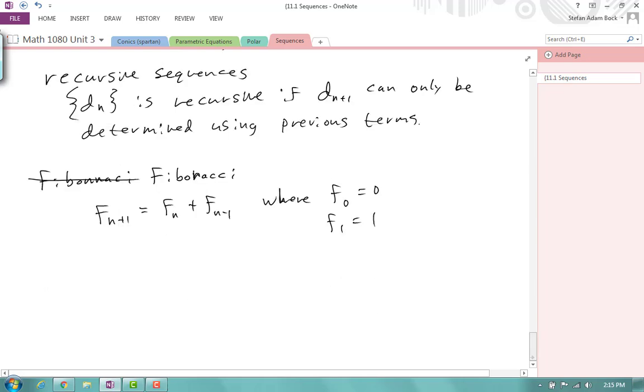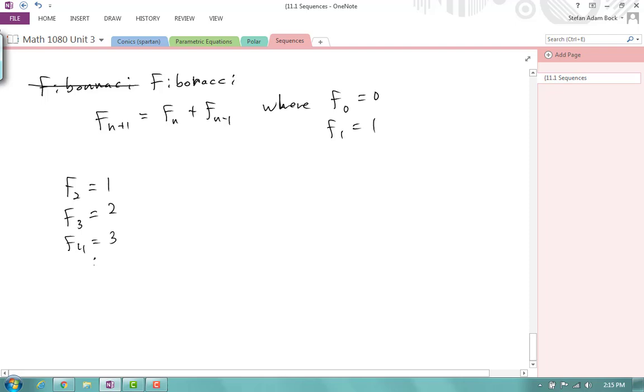How does this sequence work? If I want f sub 2, it is equal to the previous 2, so that's 0 plus 1, which is 1. F sub 3 is equal to the previous 2, 1 plus 1, which is 2. F sub 4 is equal to 2 plus 1, which is 3, etc.